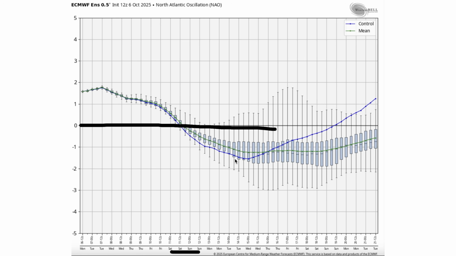It's right next door. So when you see them kind of changing together, you obviously get a crazy amount of correlation between the AO and NAO, so it makes sense. But sometimes you see one negative, one positive, and that's when things can get really messy, but we're not seeing that this time. We have both players on the field here for cooler temperatures into the eastern United States.